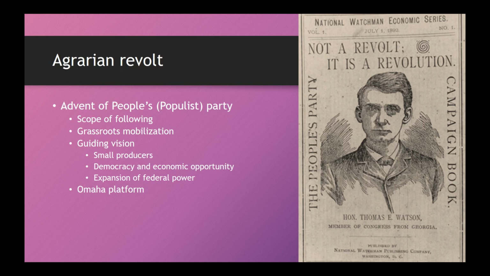And so you see basically a huge group of small producers viewing themselves as fundamental to freedom and the restoration of democracy. They're looking at expanding economic opportunity, and they look to the government to do that. And they do this through grassroots mobilization.